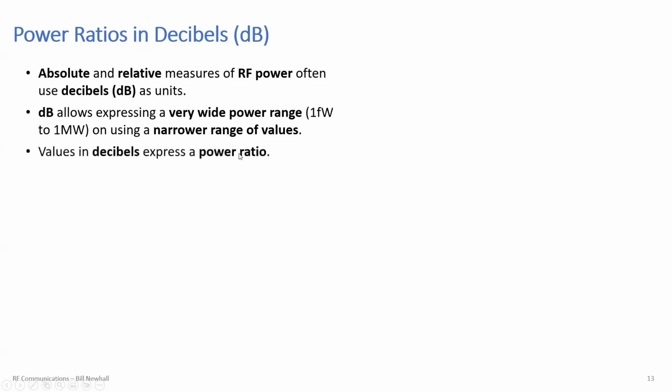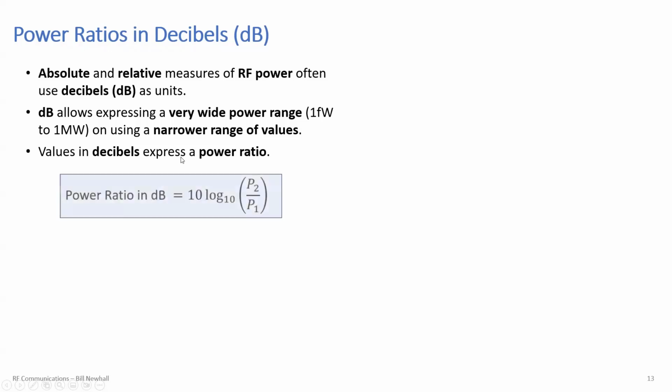The values in decibels always express a power ratio. The point of decibels was to express a power ratio. You might talk to some people who have other beliefs about this, but if you look back at when we were talking about bels and decibels, it's really a power ratio. Although you can express voltage ratios, it gets a little confusing. I'll show you that in a bit.